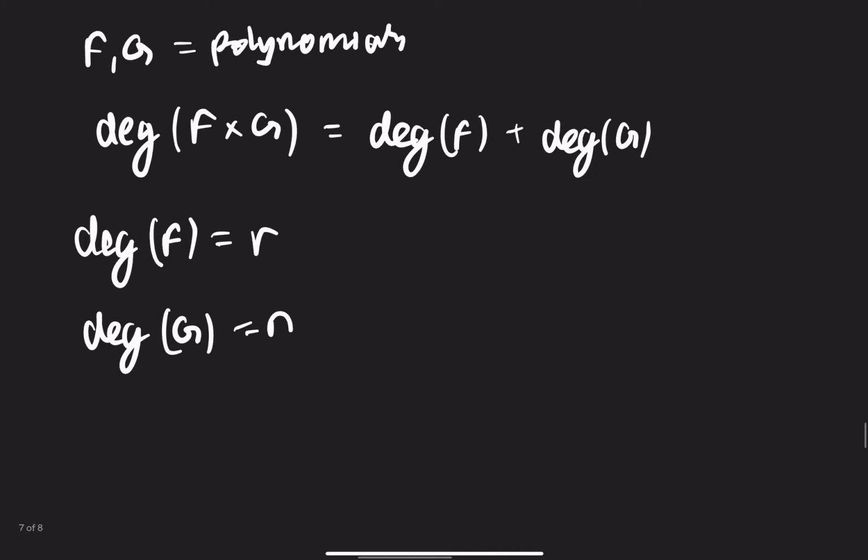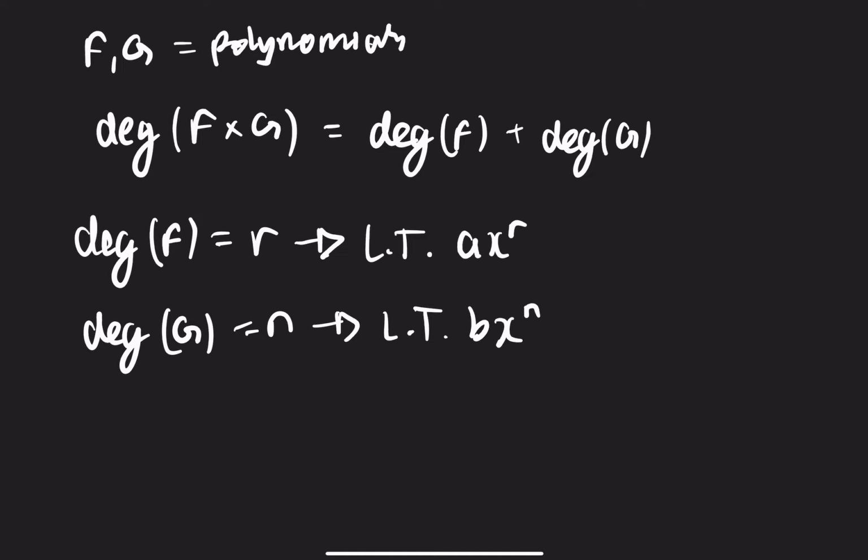So what this means is that the leading term, let's call that L.T., the leading term of f is going to be something in the form a x to the power of r, and the leading term of g is not necessarily the same, so let's call it b x to the power of n.